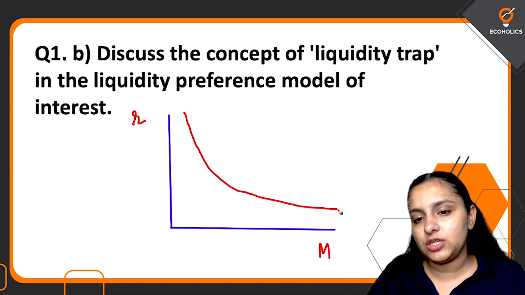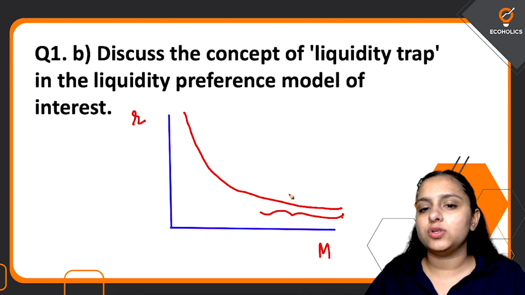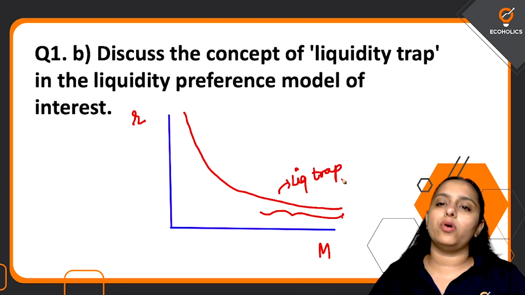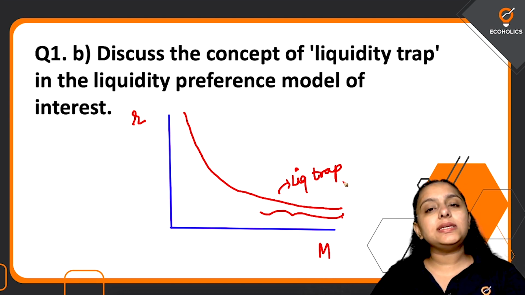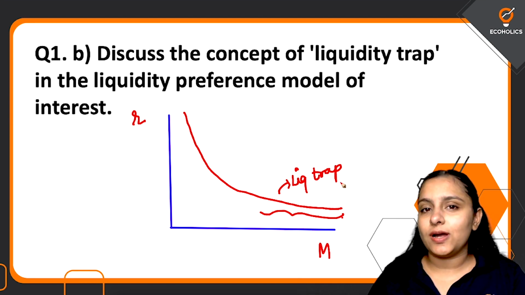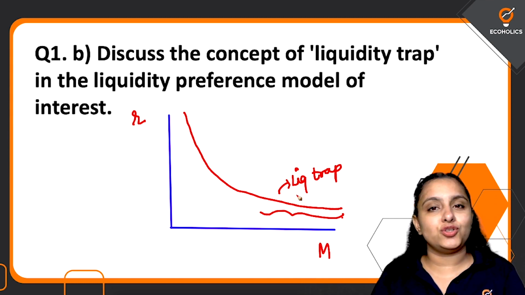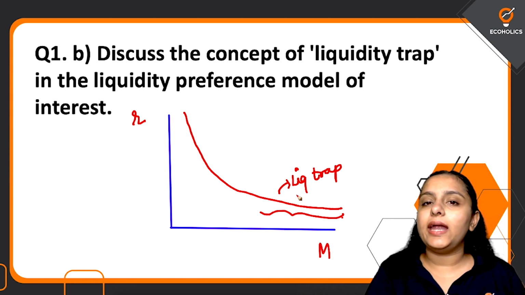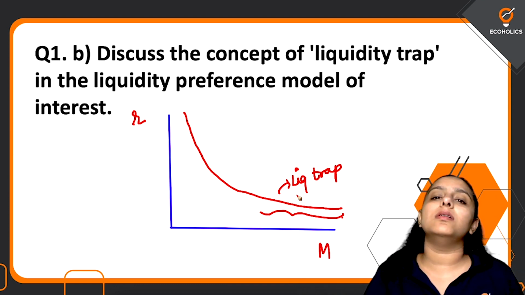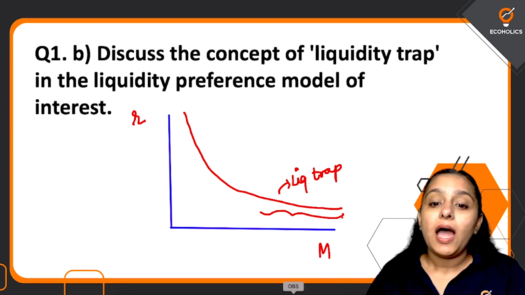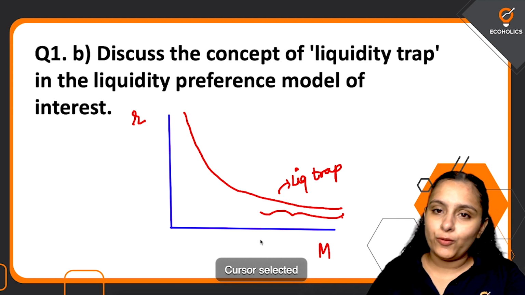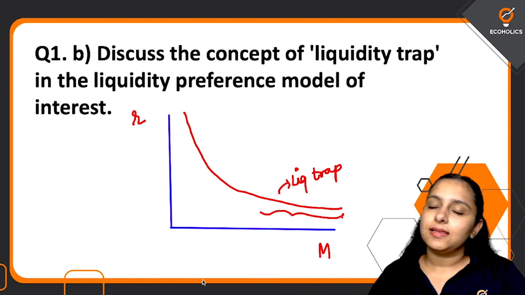The horizontal range where the money demand curve is horizontal represents the liquidity trap. You draw this, and by writing all these points in your answer, your word limit would be sufficient. You will reach your word limit and then end your answer with a proper conclusion. I hope this will help you in writing such answers. Thank you so much.